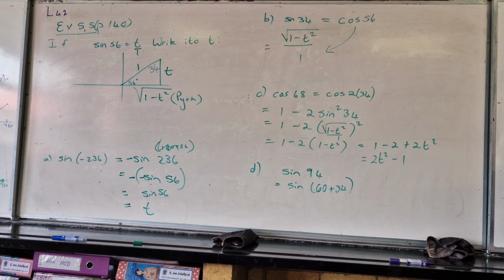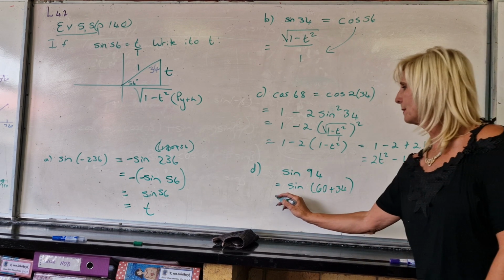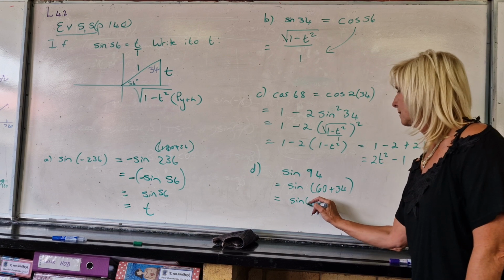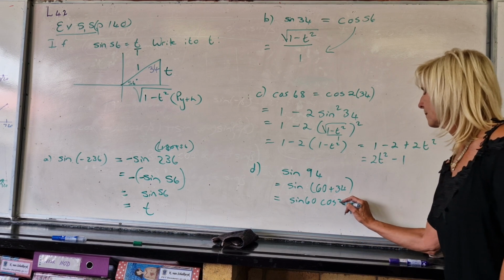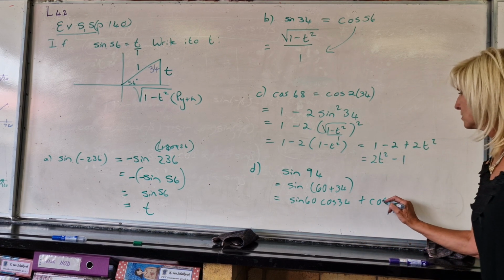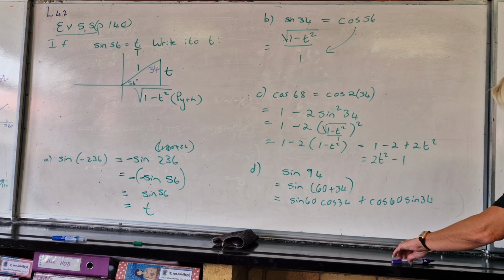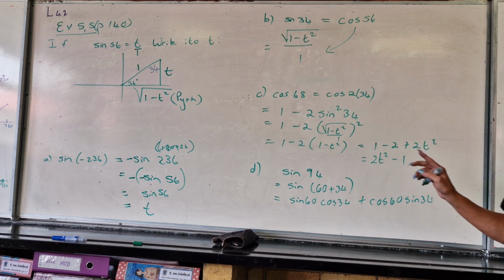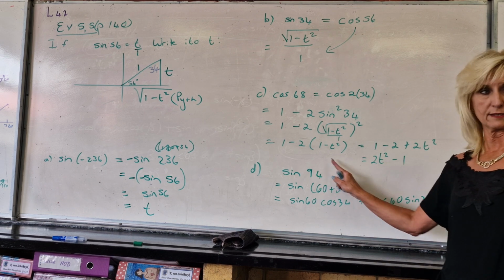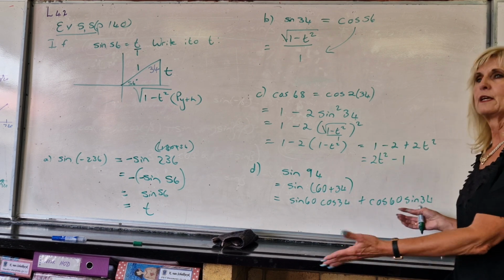Are you with me? Because now that's going to become sin cos plus cos sin, and it's going to be a horrible answer, but in actual fact I'm just aiming to see if you get this. Write it out.